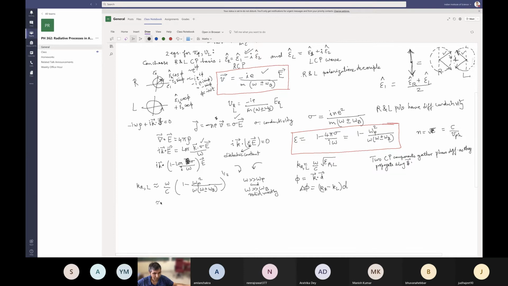So this becomes omega by C times (1 minus omega p squared by omega squared) with a half, and then we also do this again inside, 1 minus-plus omega b by omega. So we have just done a binomial expansion.